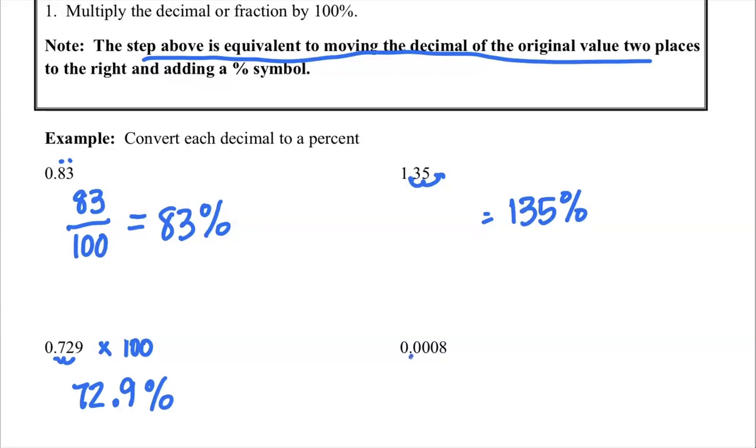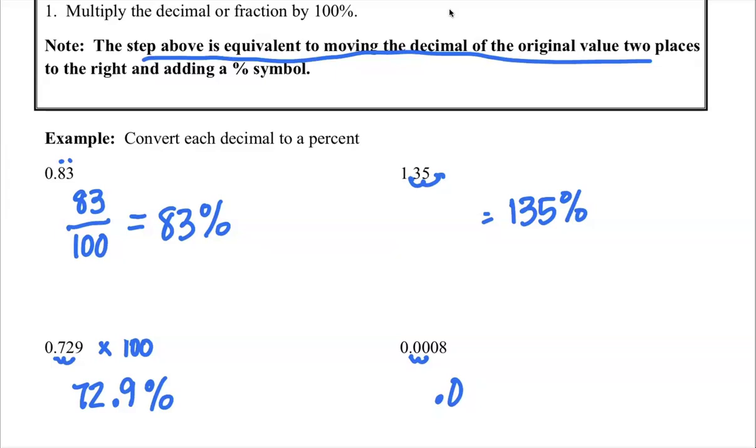0.0008. If I move the decimal 2 to the right, that would be 0.0. My apologies for that break there. I had a technical difficulty.